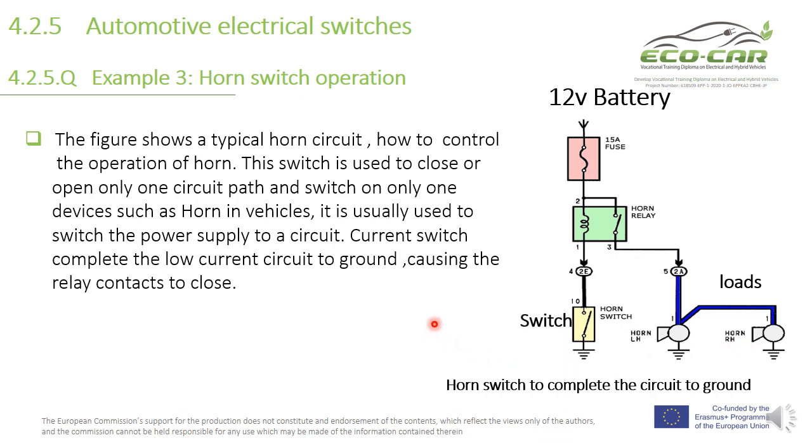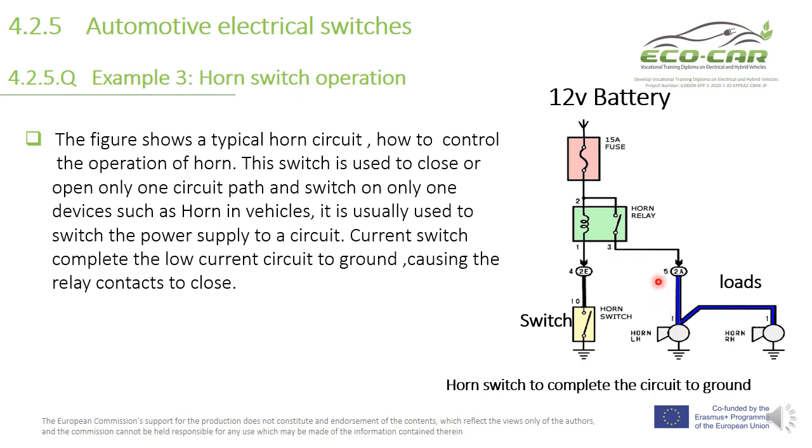We have here a switch. This switch is used to close or open only one circuit path and switch on only one device such as horn in vehicles. So this switch is used only to switch the horn on and off.